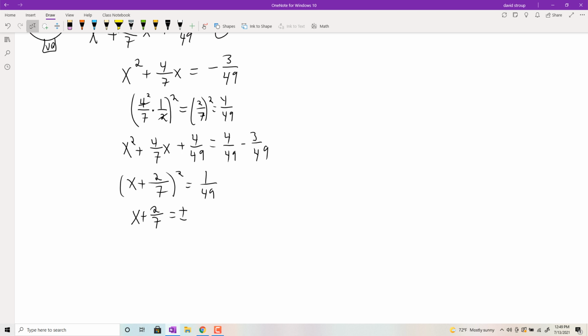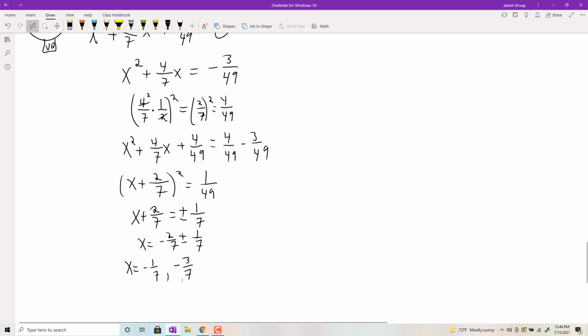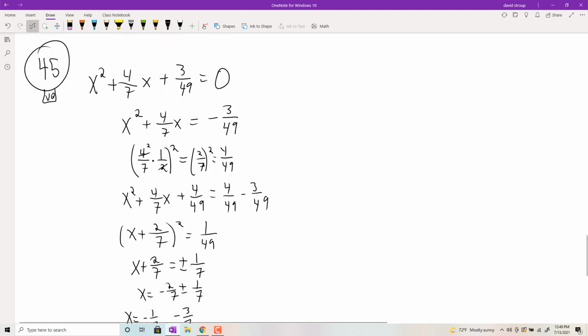Square root of 1/49 is 1/7. So we're going to get x equals -2/7 plus 1/7, which is -1/7, or -2/7 minus 1/7, which would be -3/7. Okay. So that's the video quiz.